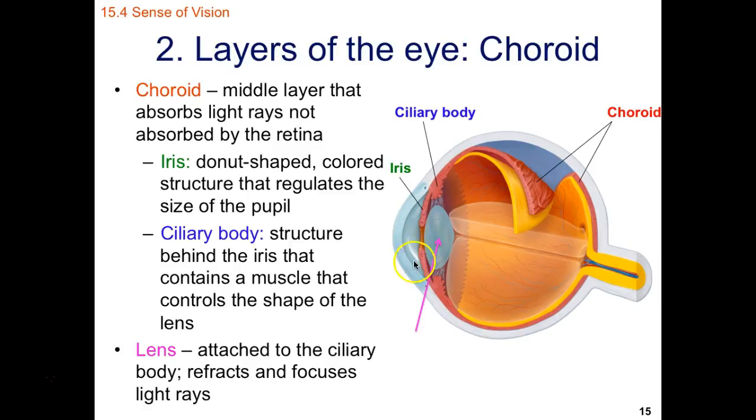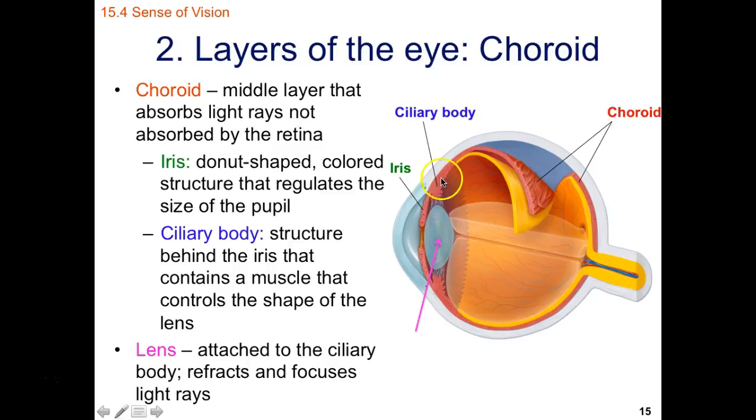This is a sagittal cut. So this iris is a continuous circle all the way around, and it has 2 layers of muscles as well. So we can regulate the size of our pupil: if our muscles relax, that'll cause our pupils to dilate, and if these muscles contract, it'll cause a constricting of the pupil.